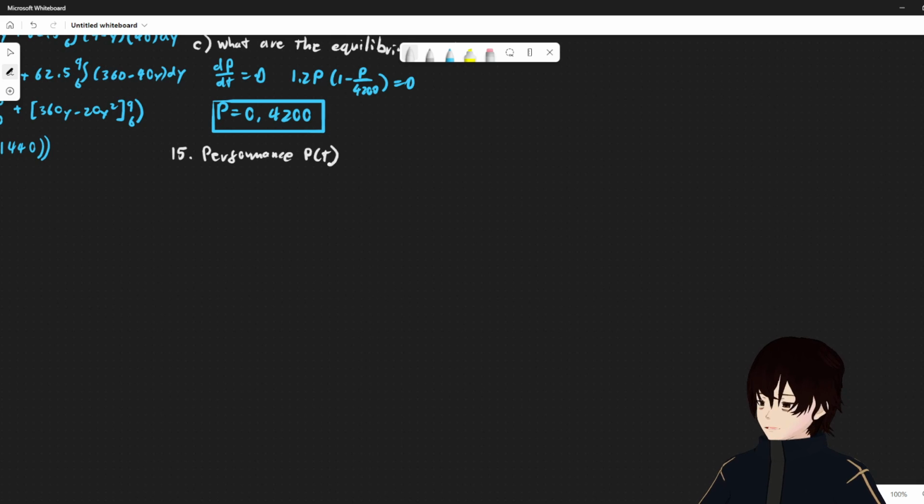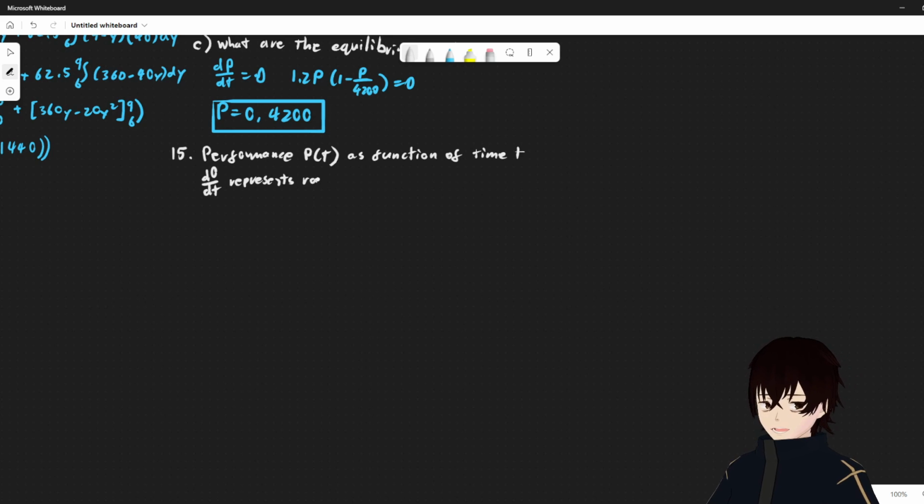Performance P(t) as a function of time t. dP/dt represents rate of improvement.